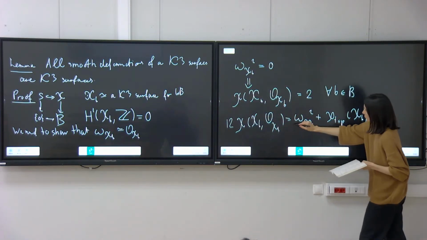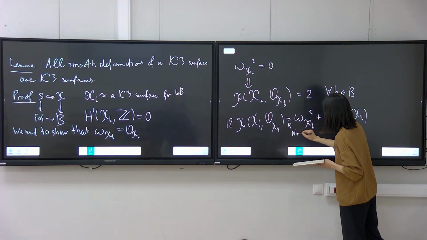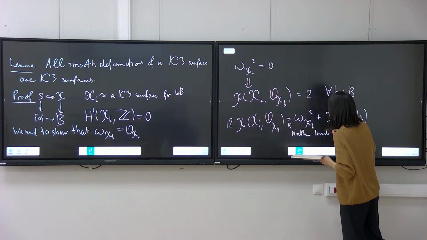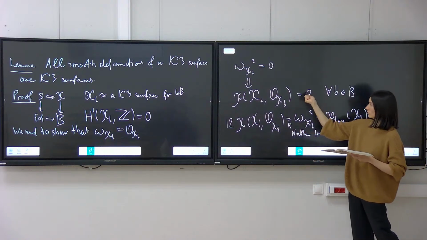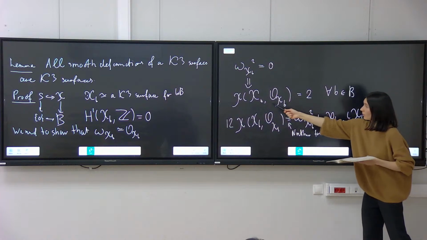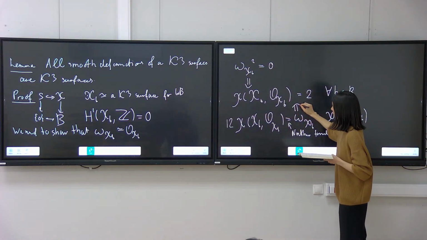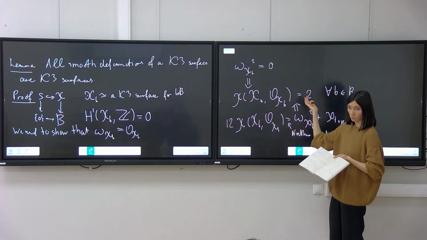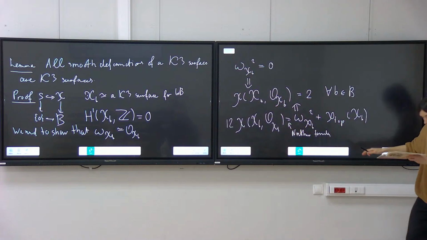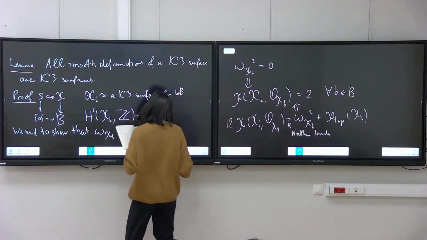We have already discussed it. So we know that this is 0, and we know that this is constant, so we obtain that the Euler characteristic of the trivial bundle is equal to 2. What next?